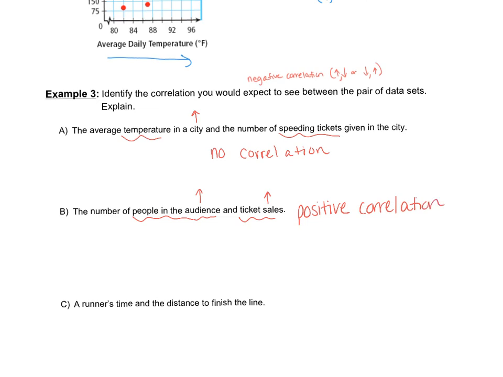Okay, next one, a runner's time and the distance to the finish line. As the runner's time increases, the distance to the finish line decreases. Since they're going in opposite directions, this would be a negative correlation.